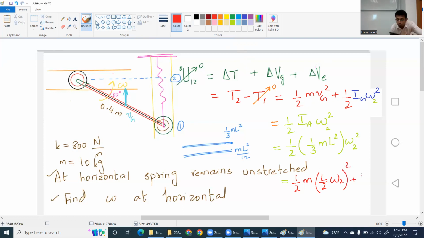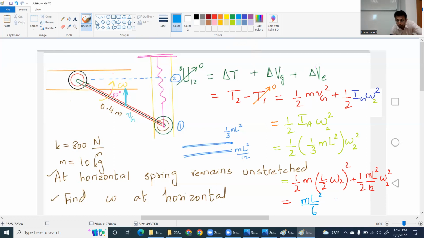And what is the value of Ig? It is about its center of mass, m L square over 12 omega 2 square. If you add this whole chunk, you will have the same answer as I showed you before. You can do it yourself. M L square over 6.